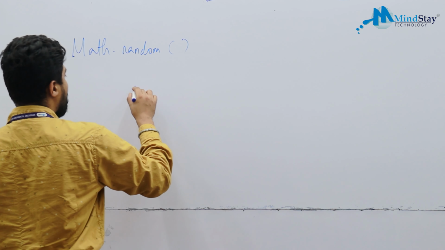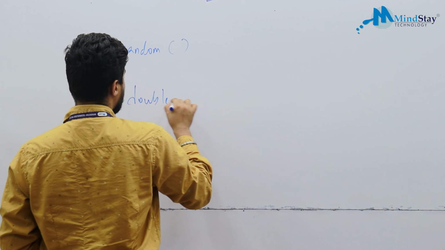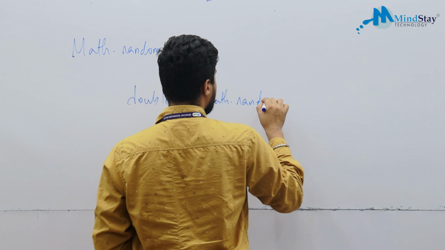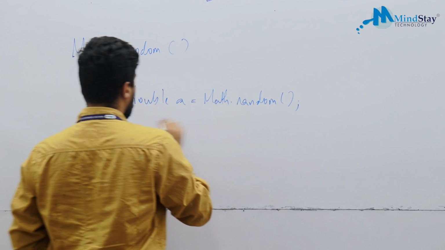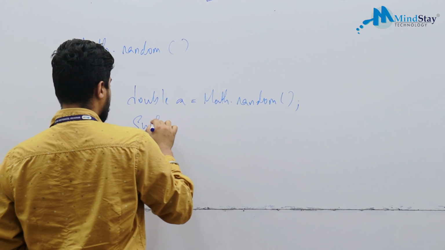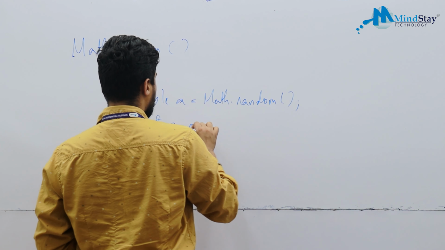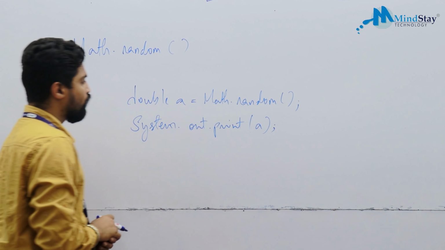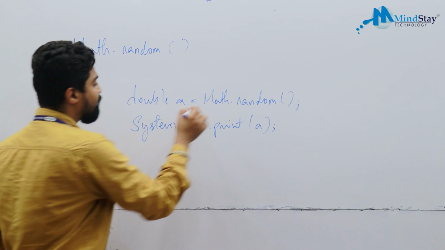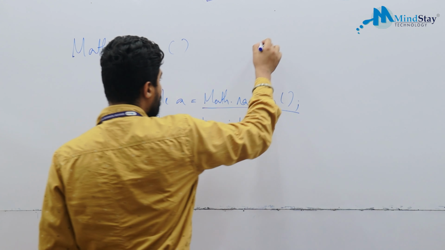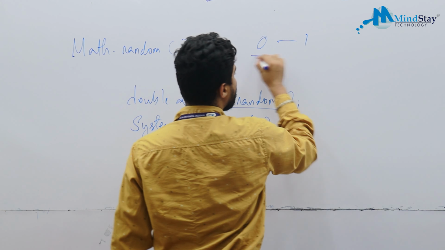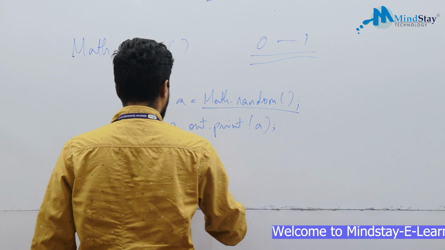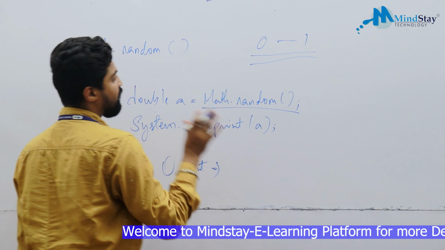Let's say for example I have double A is equal to math.random, and I'm printing system.out.print A. I have not given any value to A, but math.random can assign it any value between 0 and 1. So our output can be any random number between 0 and 1.